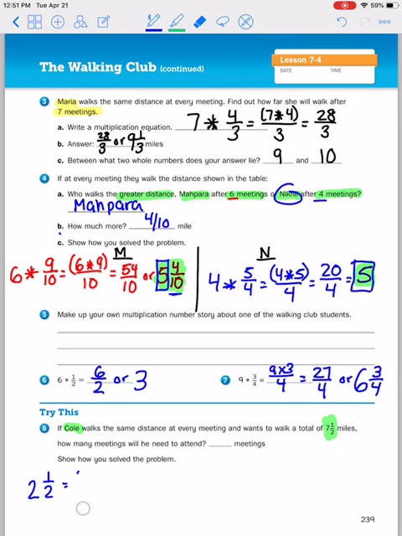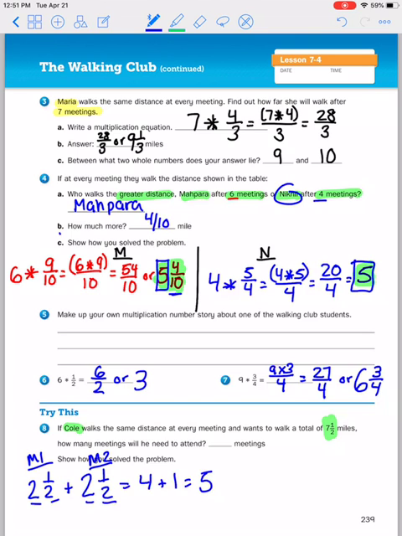You also, since it's halves, you know that if I added 2 meetings, right? This is meeting 1. This is how far he went meeting 2. I could add the whole numbers, which would be 4. And I could add the fractions, a half and a half as a whole, and I would get 5. So in 2 meetings, he walked 5 miles.